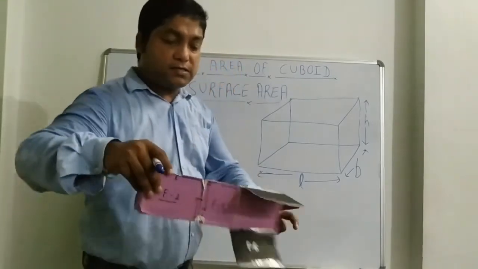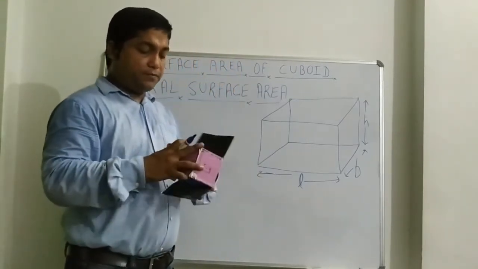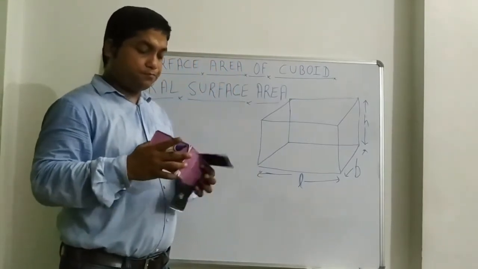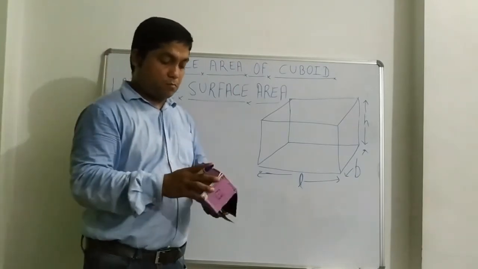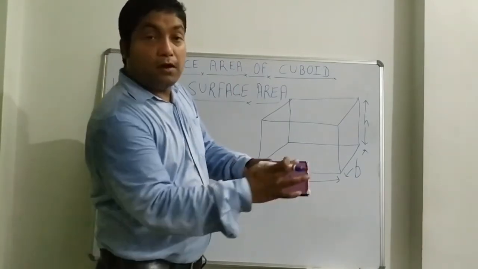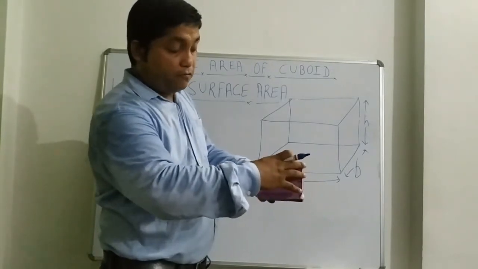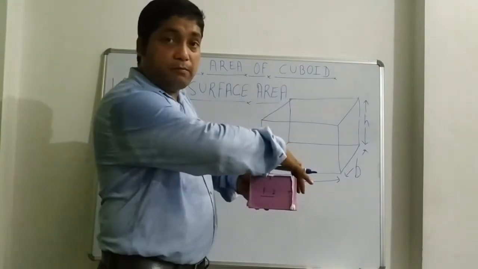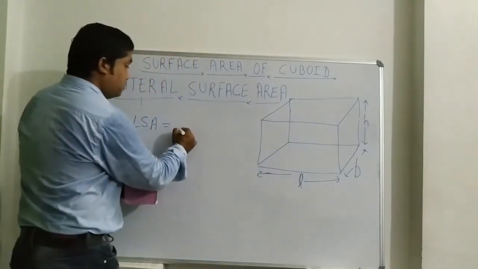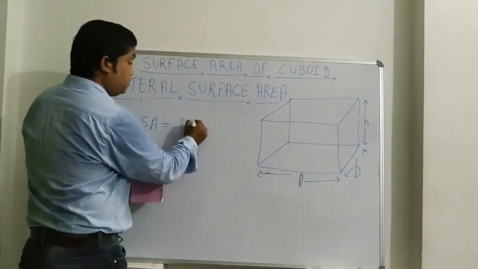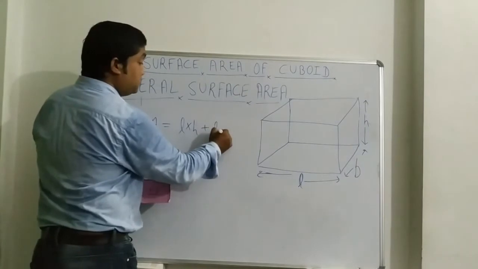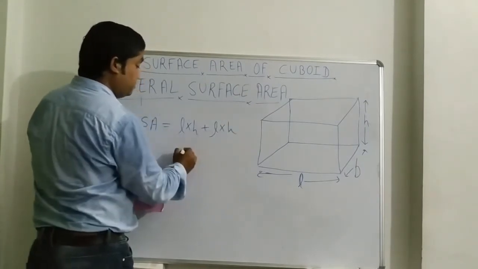So in the front side, what we have seen is length and height. Front is length and height. Back side is the same, so length into height plus length into height.